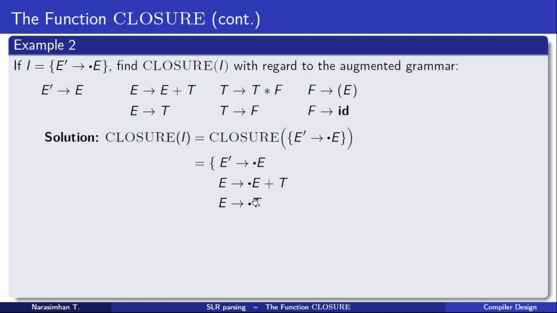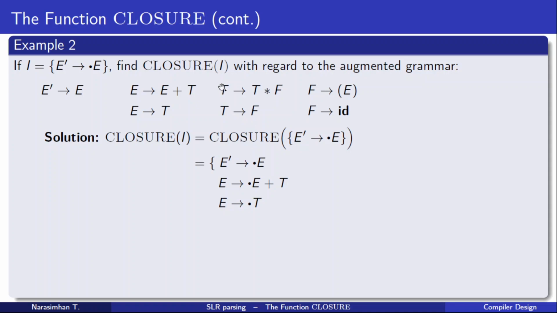Now you have dot to the left of E, so you need to add E productions, which you have already done. Now you have dot to the left of T. That means you are yet to read the symbol T. That means you need to add all the T productions to the closure set. You add all the productions that have T on their left hand side.